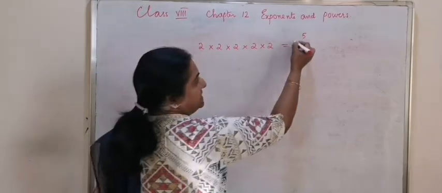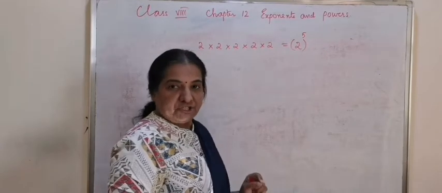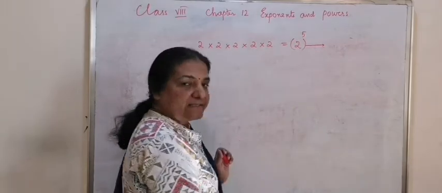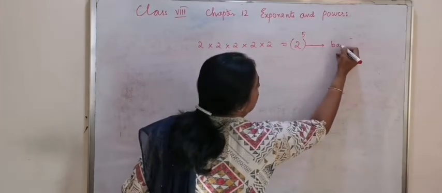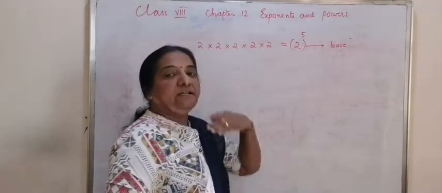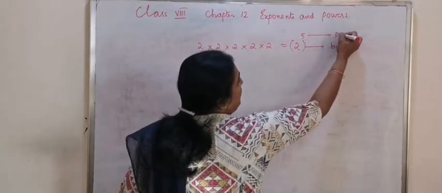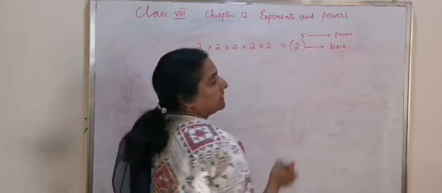When you express a number in the power notation, the number which is repeated by itself we take as the base, and the number of times it is repeated we call the power.